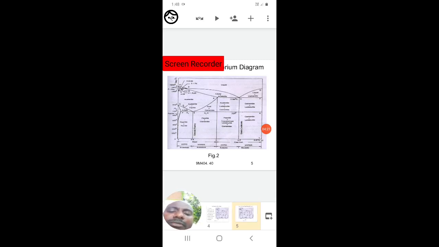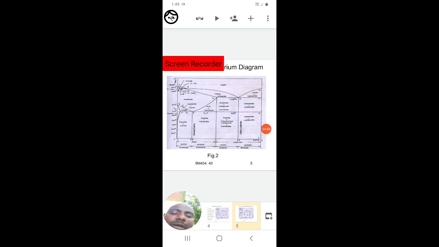The maximum content of carbon that can be alloyed in iron is 6.67%. In the steel classification, 0 to 0.8 is called hypoeutectoid steel, and 0.8 to 2% is called hypereutectoid steel.